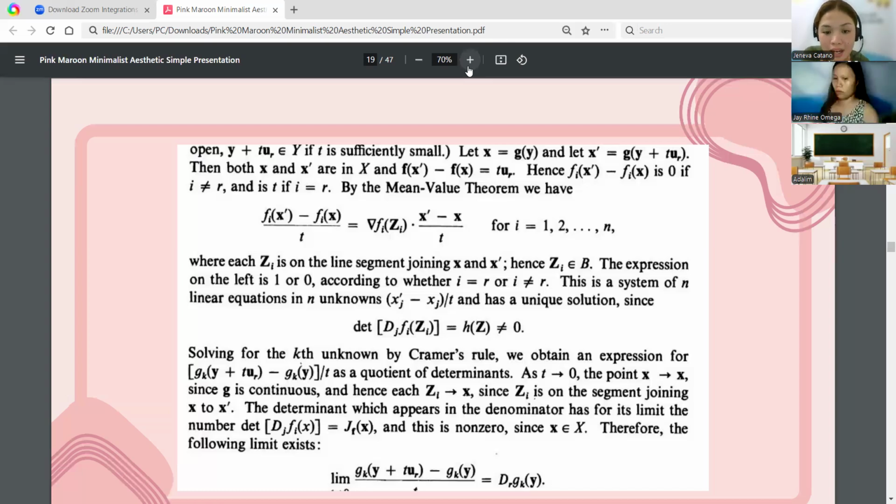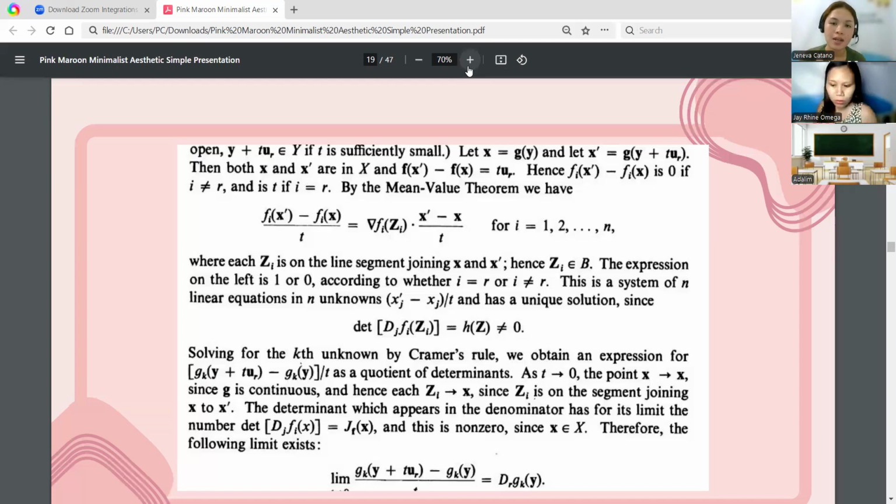The determinant which appears in the denominator has for its limit the number det D_j f_i(x), and this is non-zero since x belongs to the set, therefore the following limit exists. Okay, so these are the solution or the formula on how to solve that one.